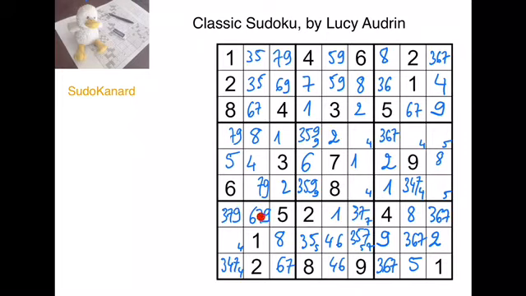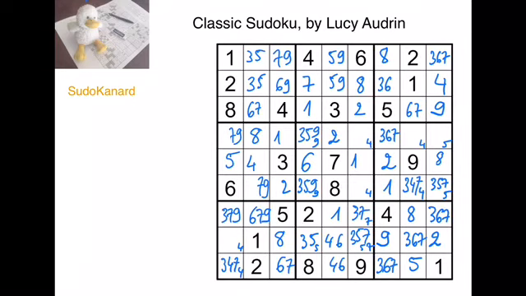There's a 9 in one of those. Yes. That's not a 6, so this is 3, 5, or 7. And now that's the final breakthrough.